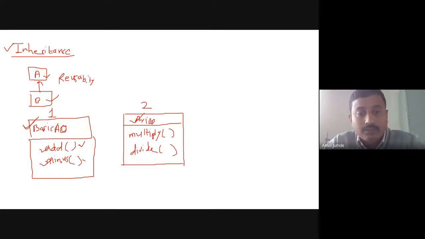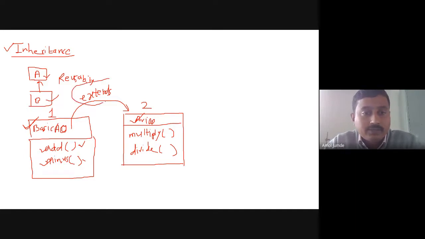So why can't I use these predefined, ready-made methods? What I will do is inherit this class into my class. These methods will be virtually present in my class, and then I can make use of them. So how do we achieve inheritance? For that we have to use the extends keyword. We write: class ArithmeticOperations extends BasicArithmeticOperations.